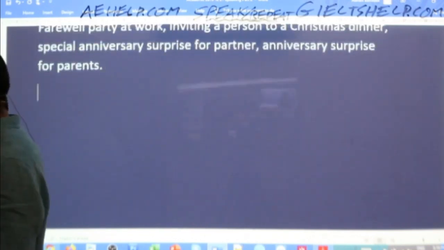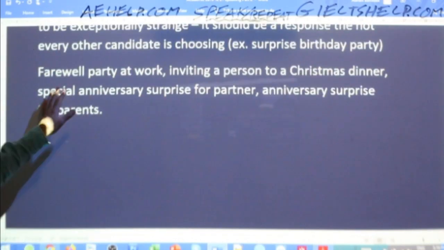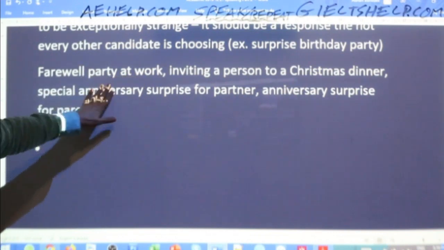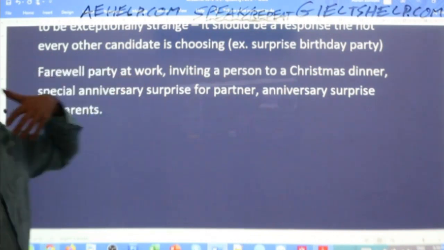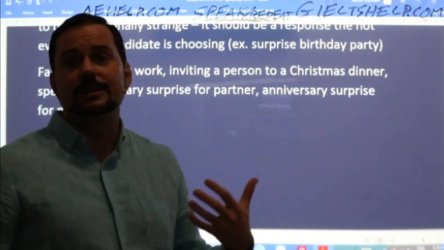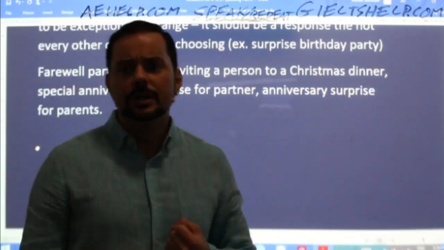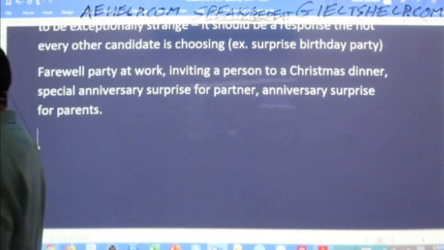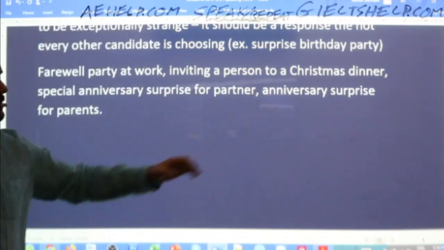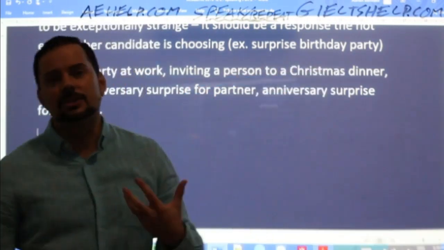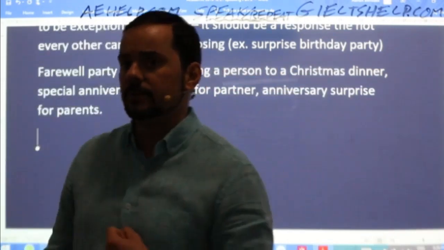So let's choose that one. By the way, a lot of these are good. So farewell party for a coworker at work, that's great. Or a farewell party for a friend moving to Canada or moving to another country. Those are all really, really good. Okay, those are some good ideas. I would definitely stay away from surprise birthday party. I think it's too cliche. It would be too popular of an answer.